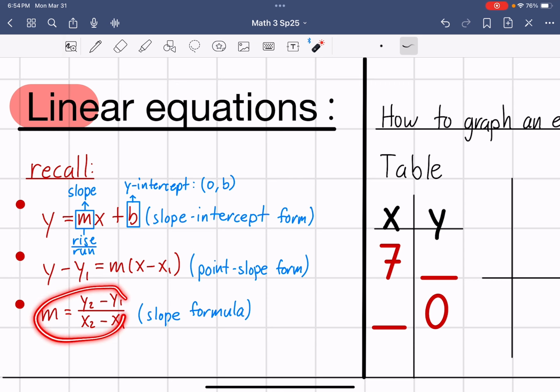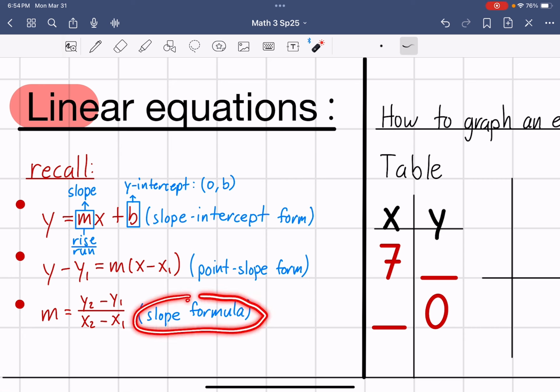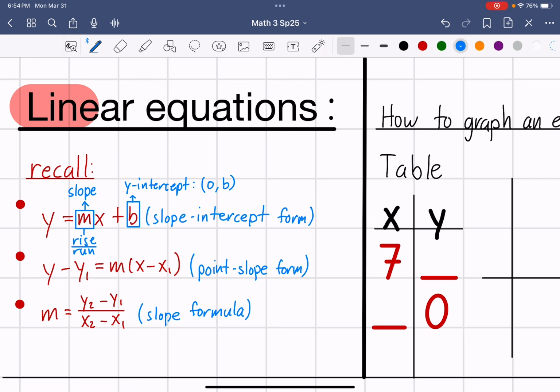And there's also a formula that derives from the point-slope form, and it's known as the slope formula to help you find just the slope of the line. But if you notice, it does say y sub 1, y sub 2. What does that mean? It means that you need 2 points to be able to use this formula.